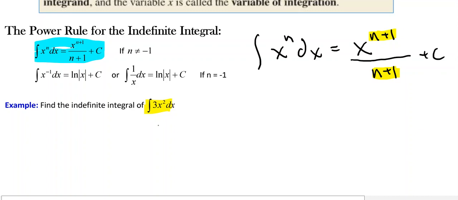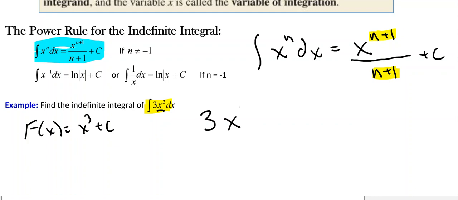So let's see how that works with a function that we've already done. What this is asking us to do is to find the set of all antiderivatives of 3x squared. Well, we already determined that f of x was x cubed plus c. But let's apply the power rule to it. If we apply the power rule, we're just going to bring down the 3. Applying the power rule to the x squared, what would we do? We would add 1 to the exponent.